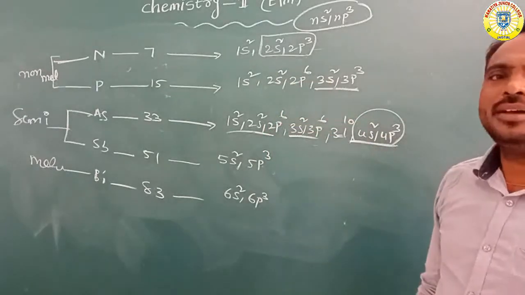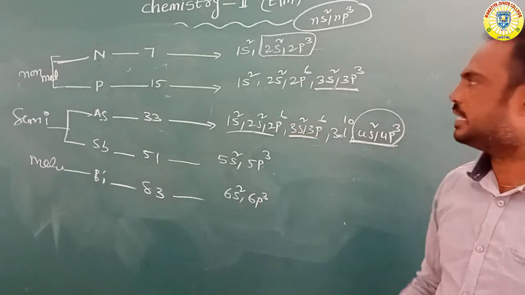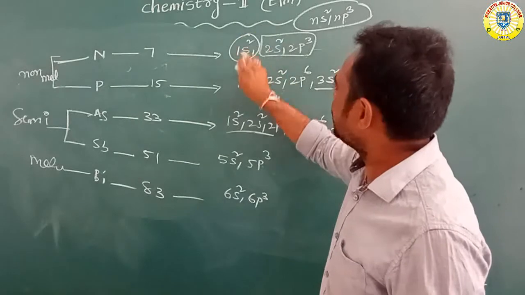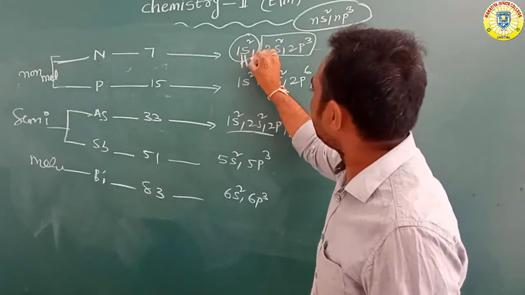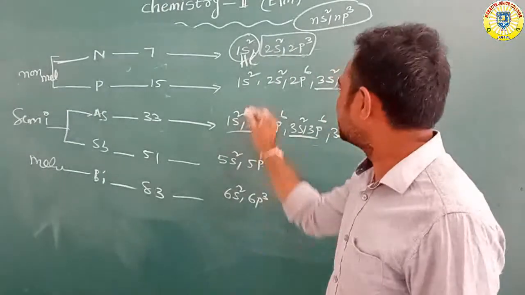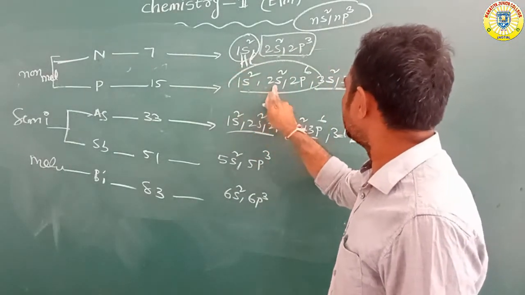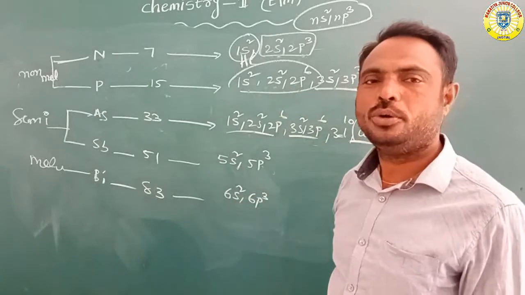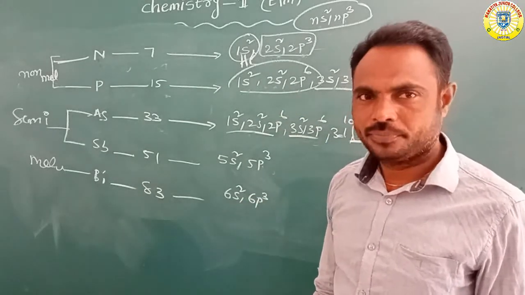We can also use noble gas notation. Suppose 1s2, we replace it with helium, then 2s2, 2p3. Or 1s2, 2s2, 2p6 is equal to neon, atomic number 10.